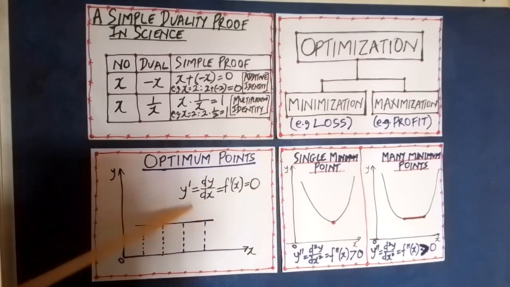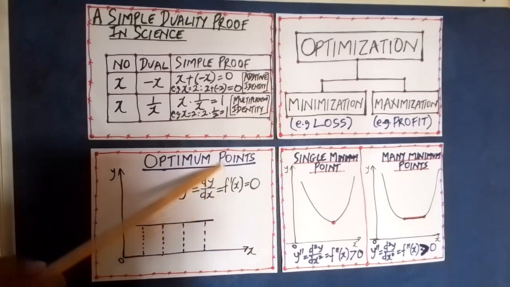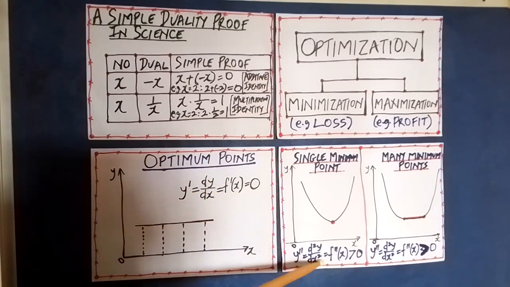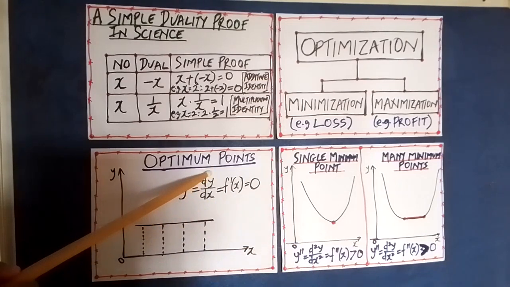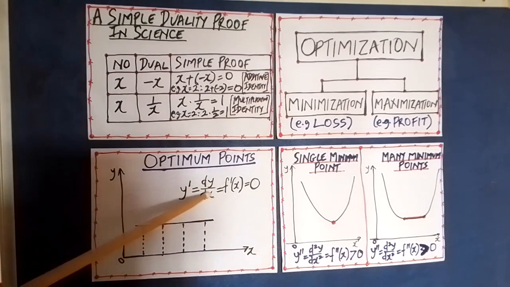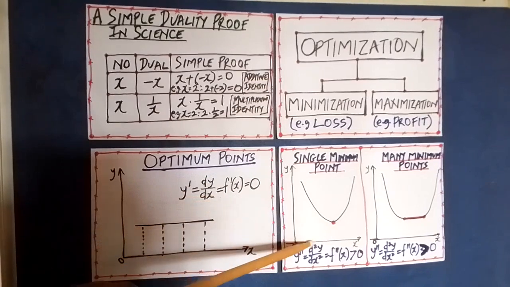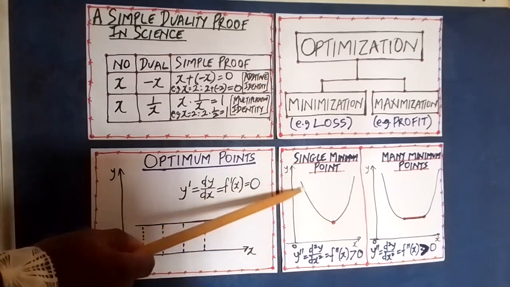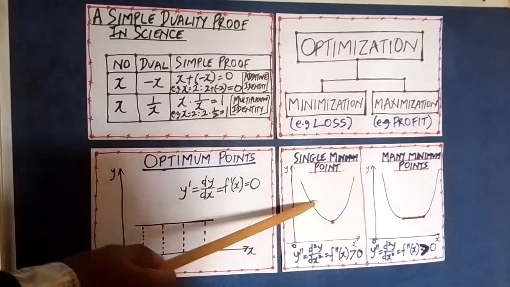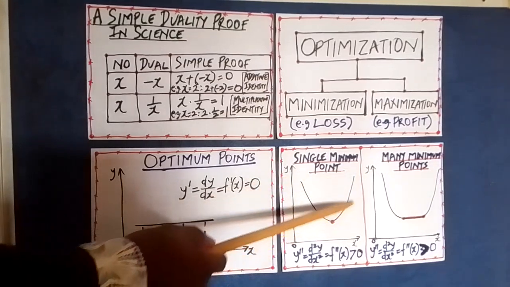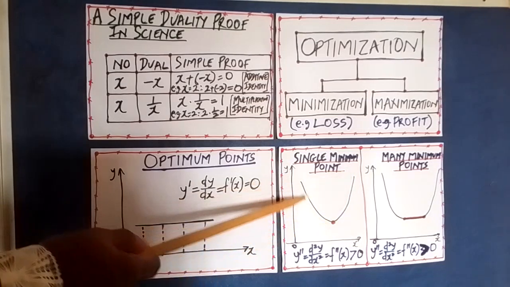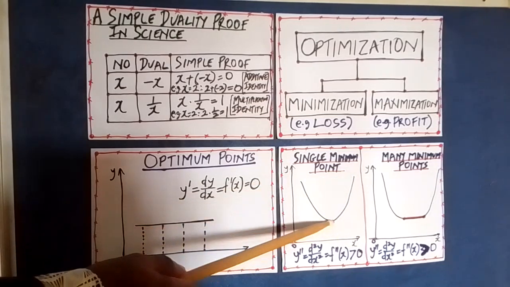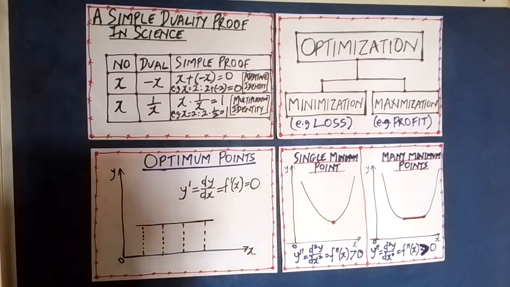So y double prime is going to be d²y over dx², because here we are having dy over dx. So this one will be d²y over dx². And the particular thing we should take note of in the sketch for a minimum is that it goes like this, and this is the point we can regard as a minimum point.